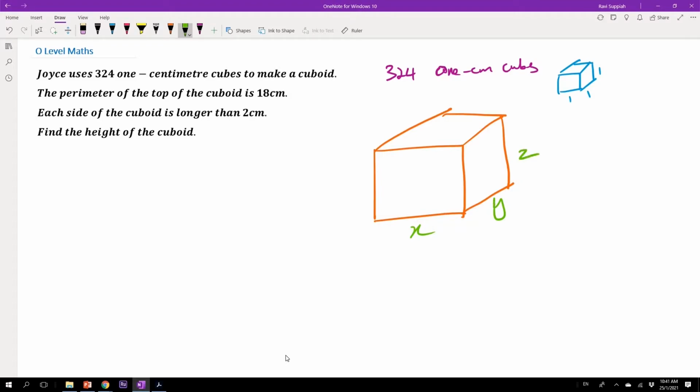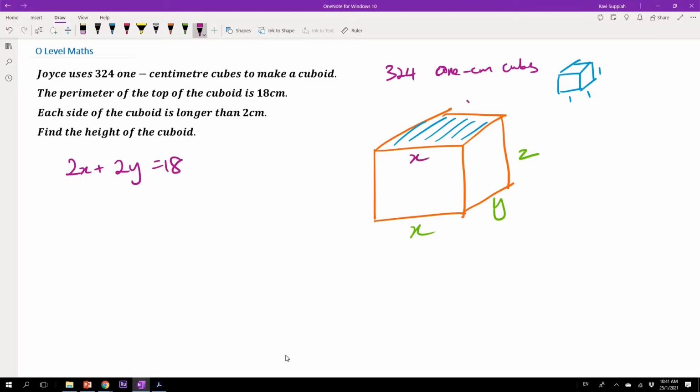Okay, we are told that the perimeter of the top of the cuboid is 18 centimeters, and each side of the cuboid is longer than 2 centimeters. Find the height of the cuboid. Now the perimeter is basically this top part over here, and is given as 18 centimeters. So we can write an expression for the perimeter that 2x plus 2y is equal to 18, correct?